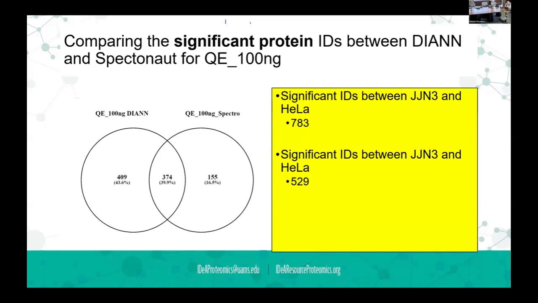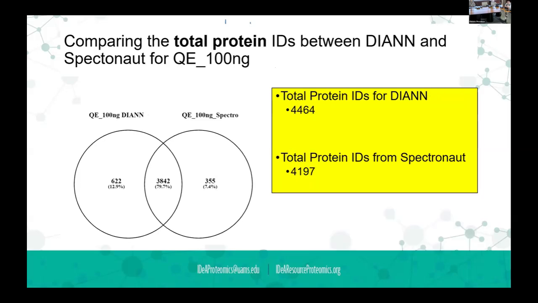I didn't put that on there. And that goes along with what everybody's been saying, that DIANN gets you more stuff. Then the total proteins, no surprise, we ended up with about 10% more with DIANN than searching with Spectronaut.